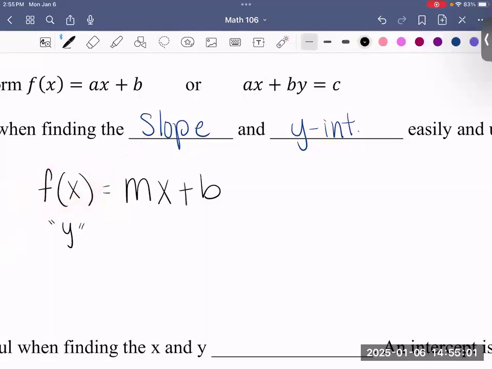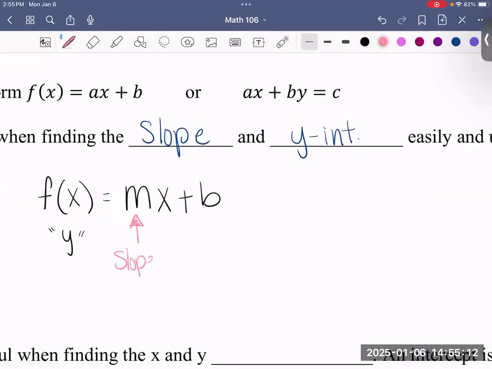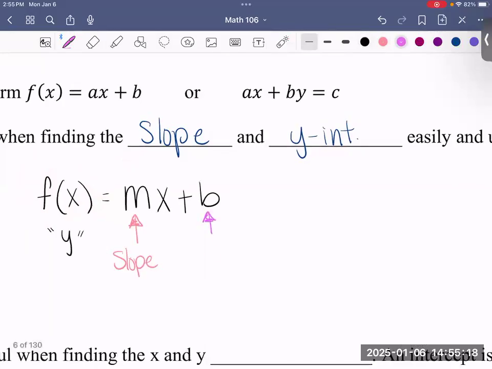Now, we did say that there is a slope and a y-intercept. So which is which? Well, your m is your slope. This is directly attached to your x, and your y-intercept is b. This is also called your constant as well.